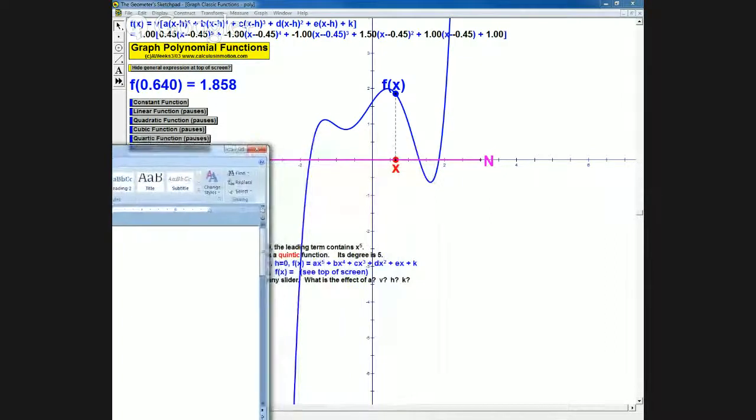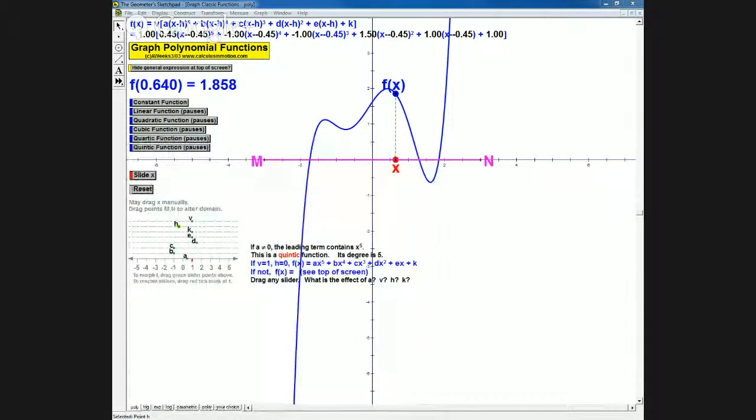Those are called the polynomial functions. You're going to learn to take the parent function and move them around. It makes graphing it a lot easier.